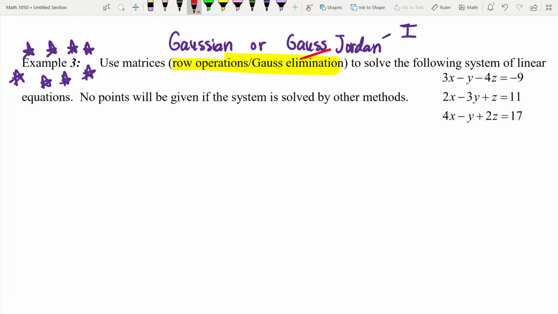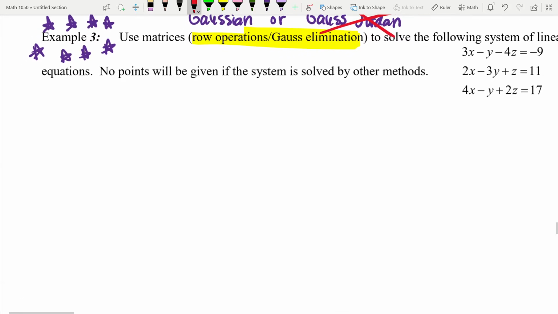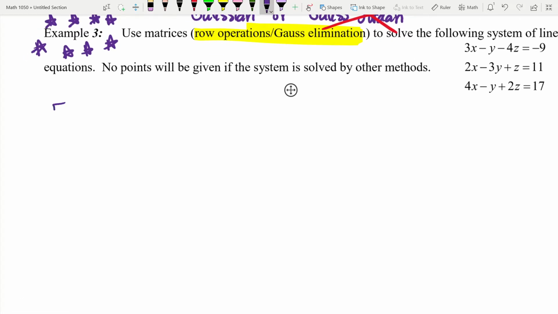Why in the world would you ever go all the way to the identity if you can just get those 3 zeros, which is so much easier, right? Last time's lesson. So 99% chance that this is going to be on your final. And you could choose either method. I would always do Gaussian, okay? So this is basically a review problem from last time, okay?